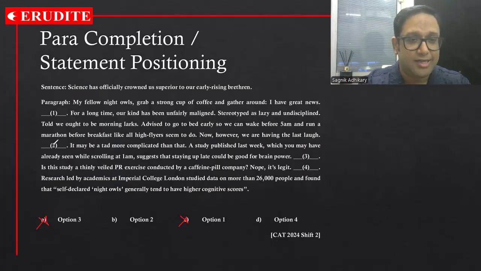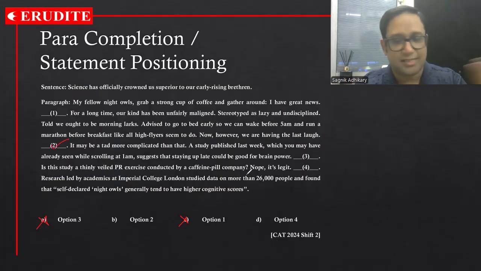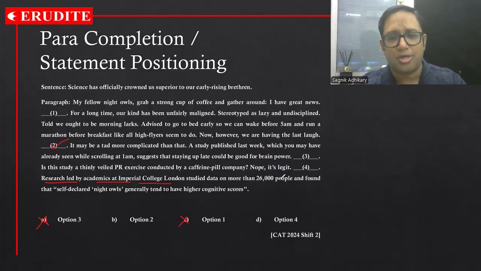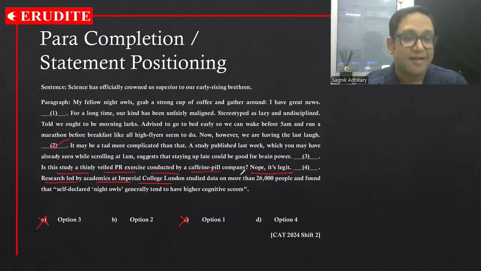So with just this, we understand that the given sentence has to fit in blank number 2. Once we do that, we can justify blank number 4. There is nothing missing in blank number 4. The statements before and after can very well be connected. What is the last statement, the idea about research led by academics at Imperial College London, talking about? This is giving evidence to support the statement made here. "Is this study a thinly veiled PR exercise conducted by a caffeine pill company? Nope, it is legit.